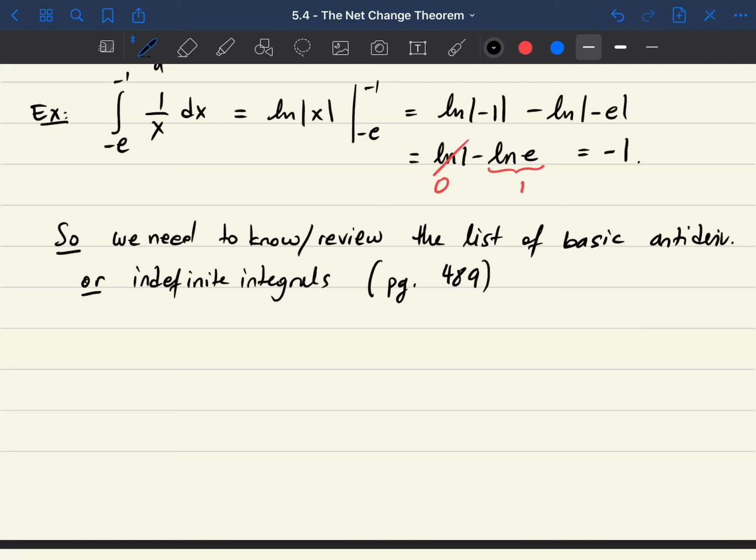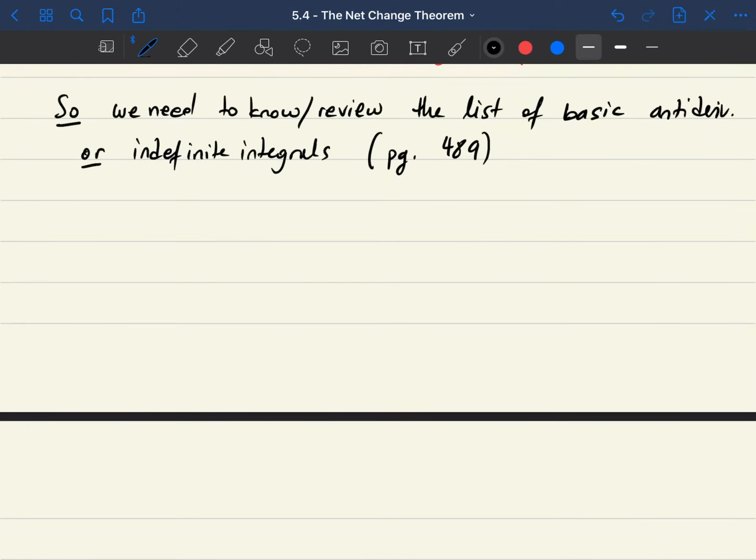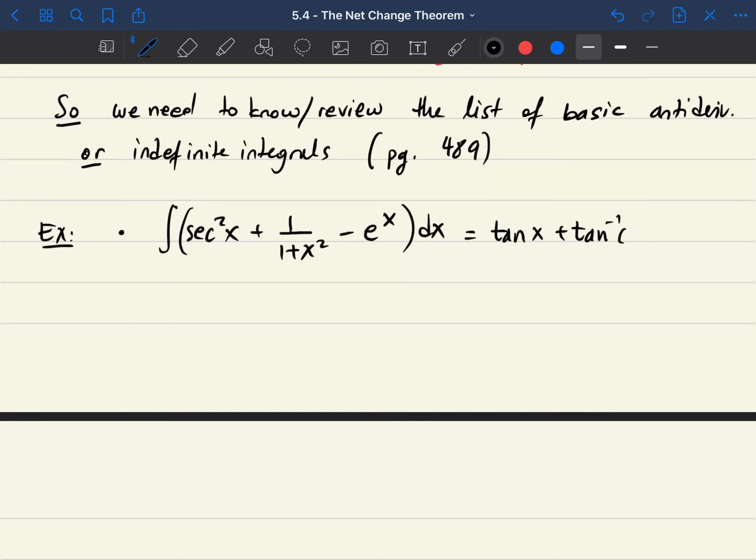Okay, so for example, you also need to combine them. So for example, if you find the integral, let's say the integral of secant squared x plus 1 over 1 plus x squared minus e to the power of x, then the most general antiderivative of this, or you can also say this indefinite integral, is equal to, remember that the antiderivative of secant squared is tangent, then the antiderivative of 1 over 1 plus x squared is tangent inverse, or arctangent.